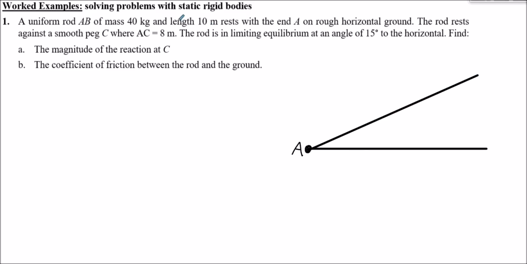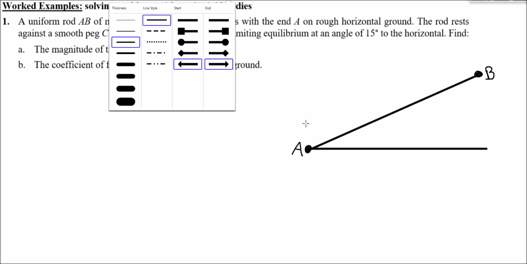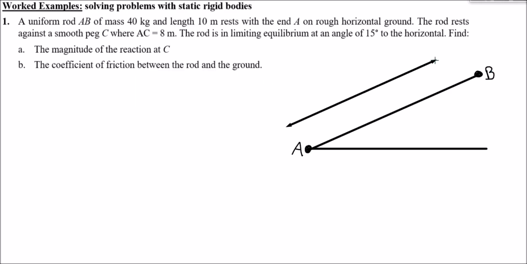We're told that the full length of it from A to B is 10 meters. So we can label this on so we don't lose track of the initial conditions we were given. From there to there is 10 meters. And it's inclined at 15 degrees because we were told that too, so that can be added in.